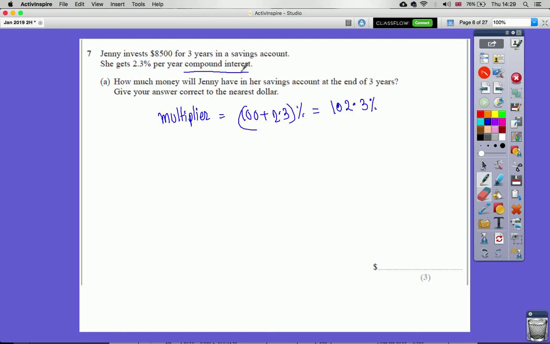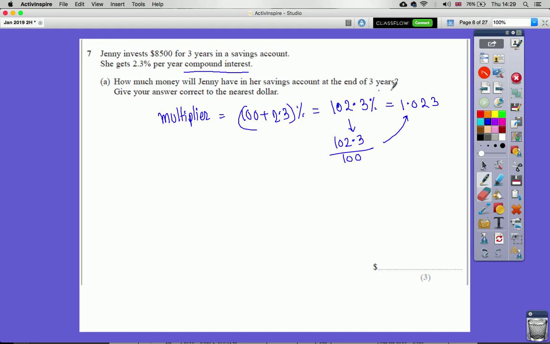The amount is increasing. If you convert it to a decimal, you will get 1.023, because a percent means out of 100.